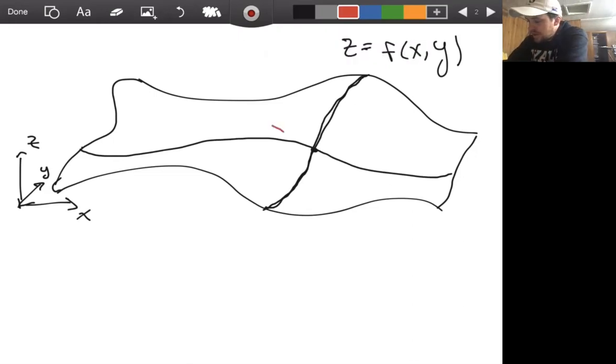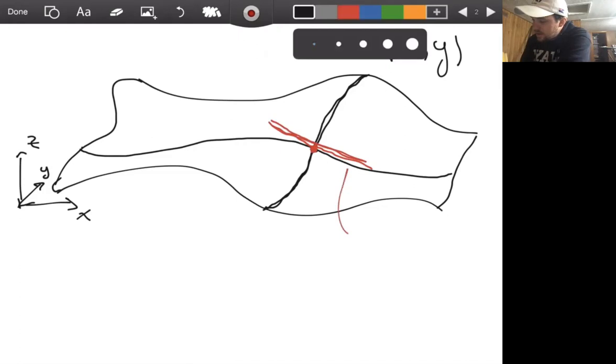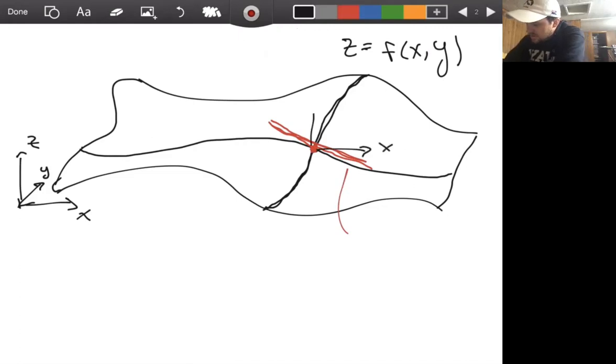So we can take a tangent line approximation through this point, or take a tangent line to this curve where y is fixed, and look at the slope of this tangent line. So remember, again, here, this is the x direction, and this is the y direction, right?